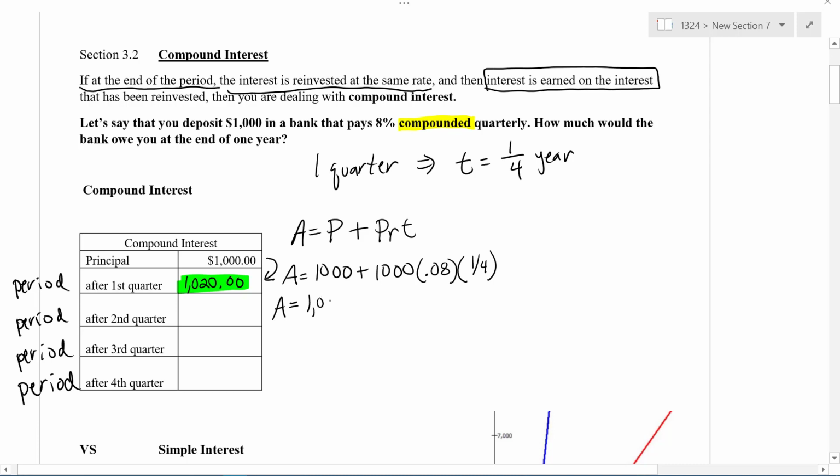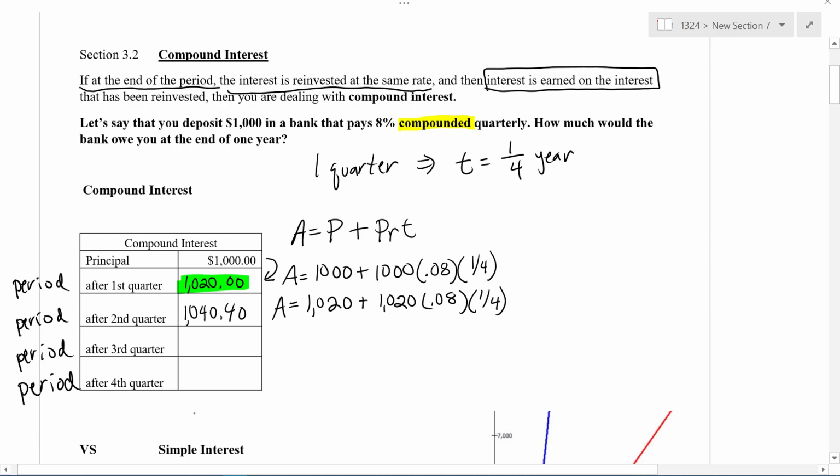So we have $1,020, the P now including that interest, and we still have the same interest rate, and we're doing 1 more quarter, so another 1/4 of a year. We'll put that into our calculator and round to the nearest 2 decimal places. So now at the end of the second quarter, we have $1,040 and about 40 cents.